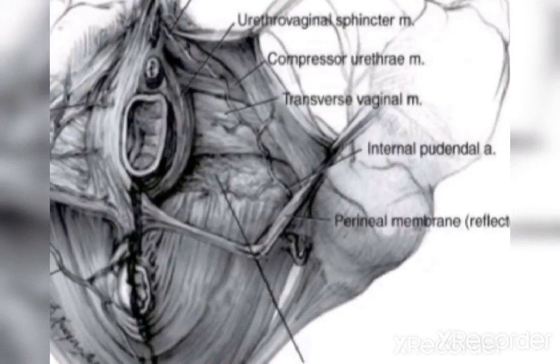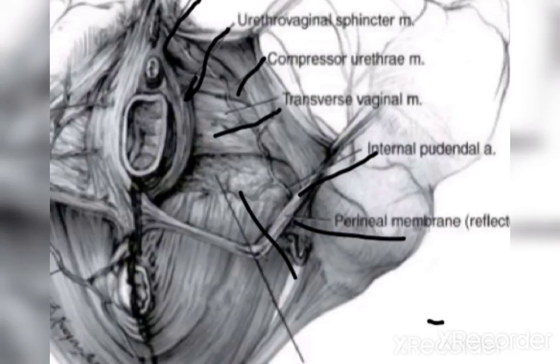So deep perineal space is formed by the dorsal artery of clitoris, ureterovaginal sphincter muscles, compressor urethrae muscles, transverse vaginal muscles, internal pudendal nerve and artery, then the perineal membrane.